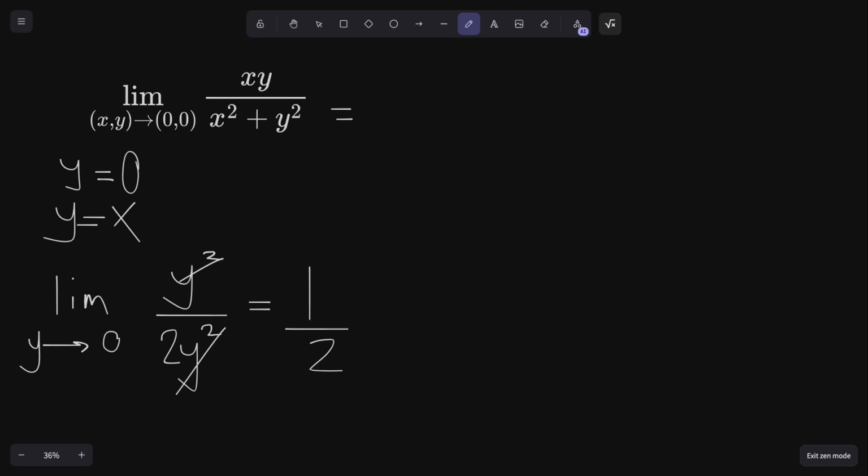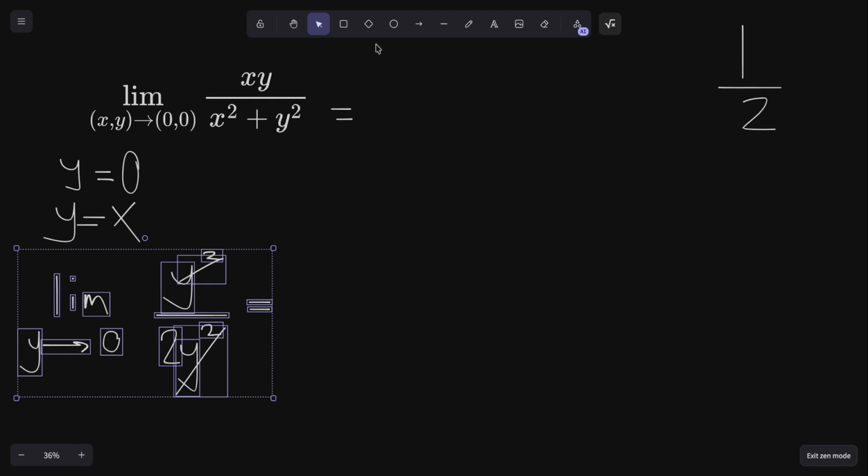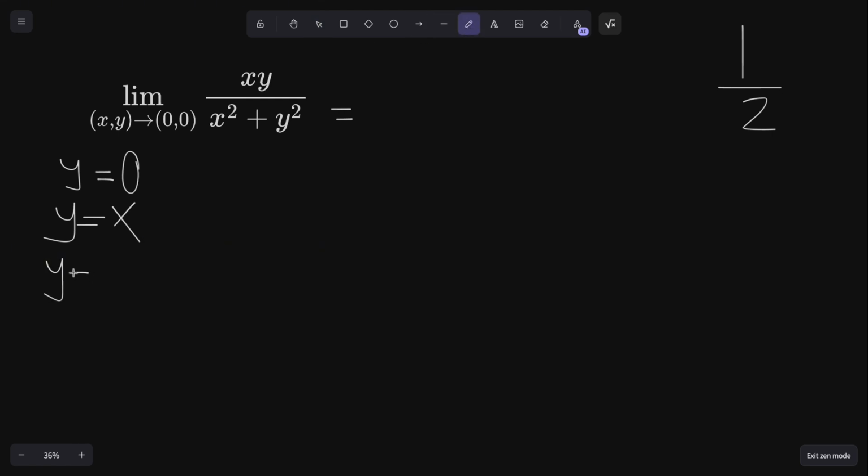Let's try another path. When we tried it along y equals x, it gave us 1/2. Let's try this along y equals negative x. This time I'll do this a little bit differently. Everywhere I see a y now, I'm just going to replace it with a negative x.